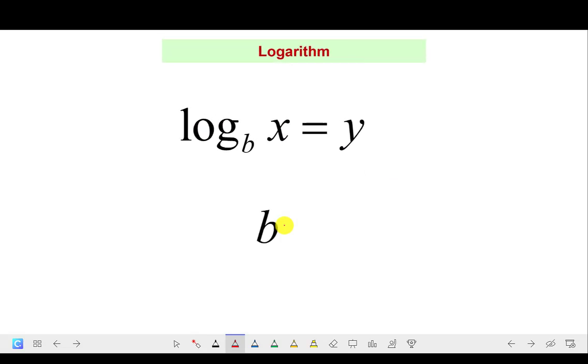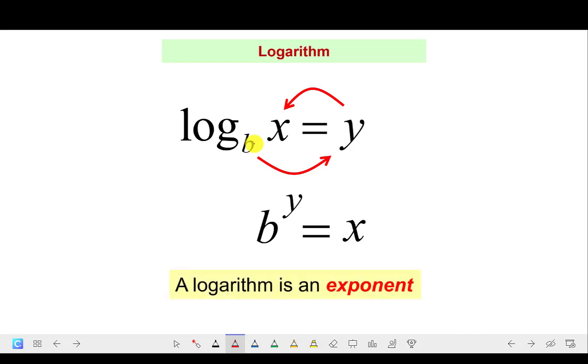Okay, so let's come back and look at what we just talked about. B, our base, raised to the power of y returns x. So these are related and equivalent, and we're going to use these to solve problems and other things.